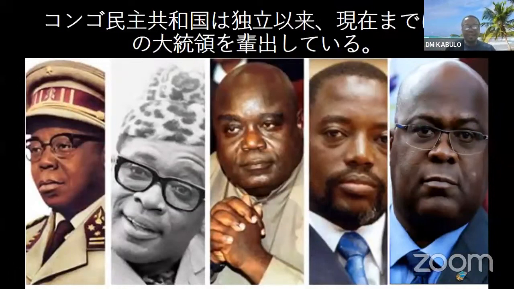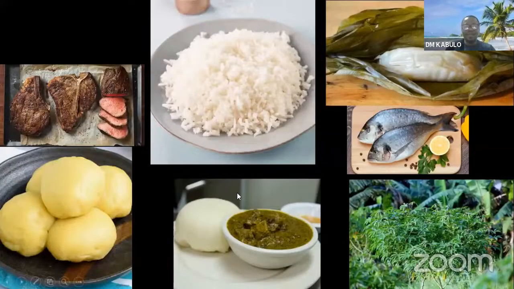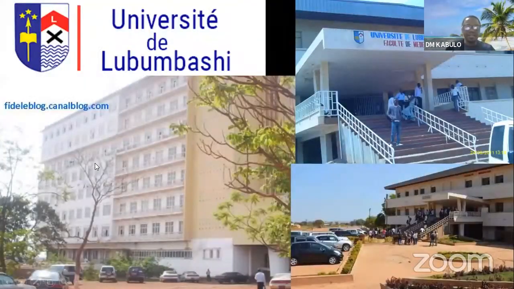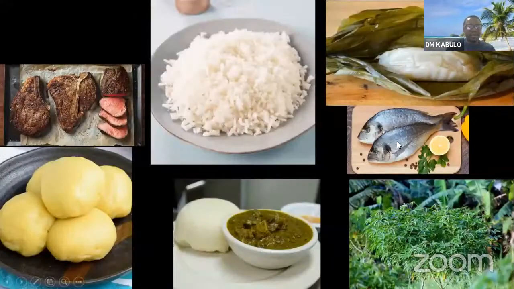Since independence, we have had five presidents. This is the current one on the right. Our main food depends on the location: in Kinshasa they eat kwanga, in the east they eat rice, and we mainly eat fufu, ugali, pap. The main vegetables are cassava leaves.